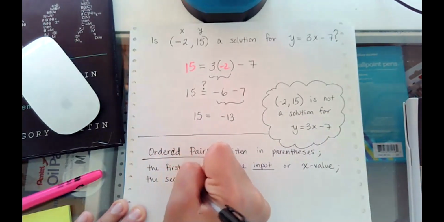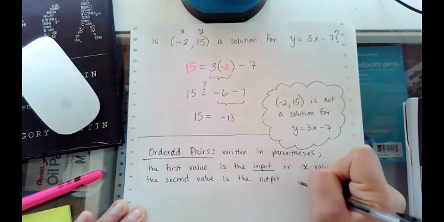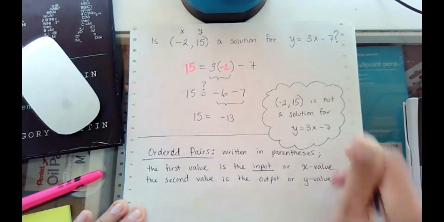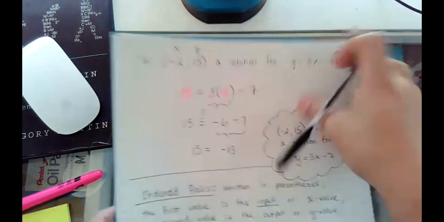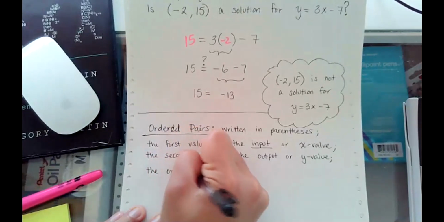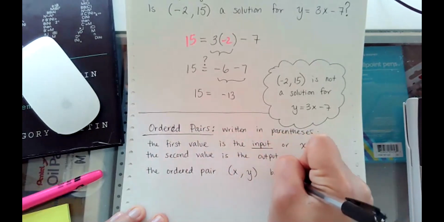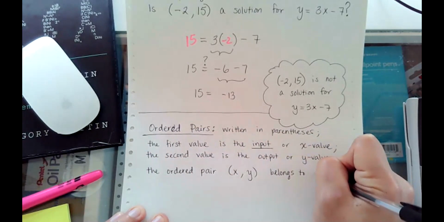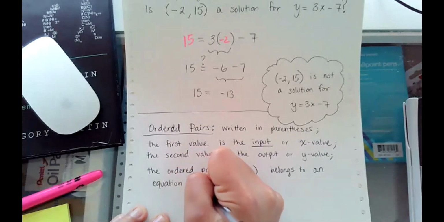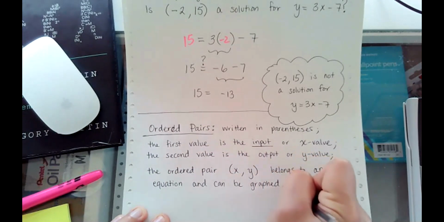The second value is the output or y value. And the ordered pair x comma y belongs to an equation and can be graphed.